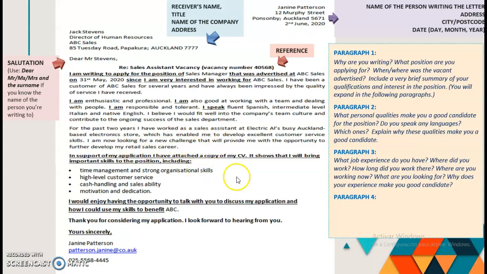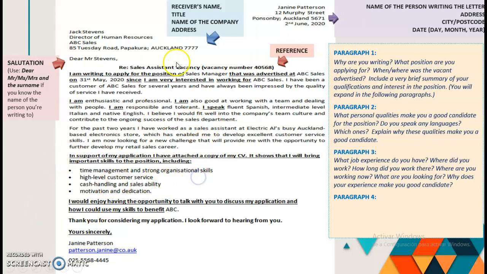Remember that this kind of letter aims at convincing someone to hire you. So this is what you should do to highlight your qualities, your skills, your qualifications, your job experience, so that the other person hires you.